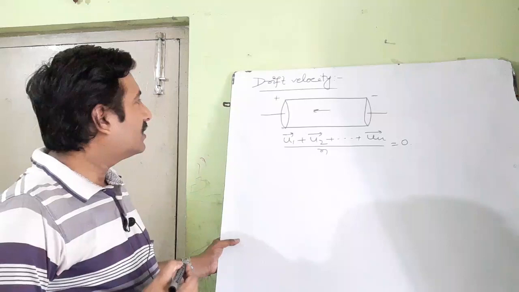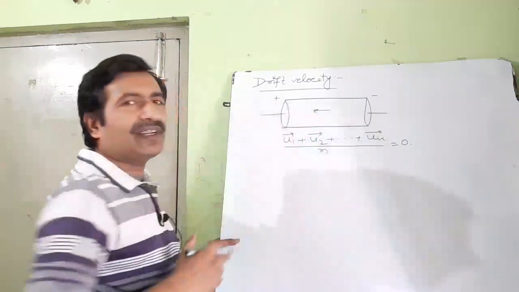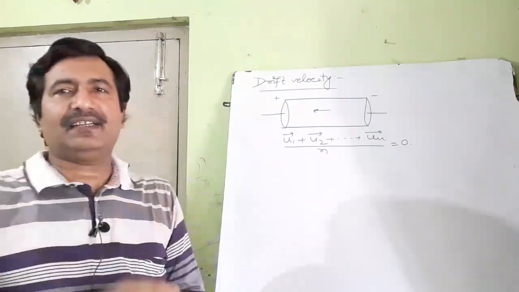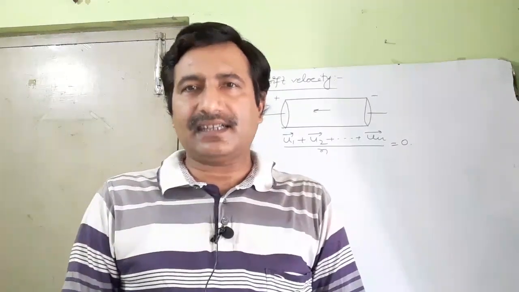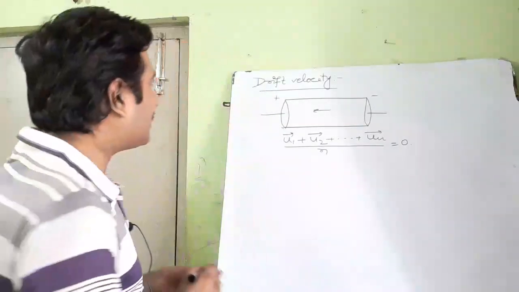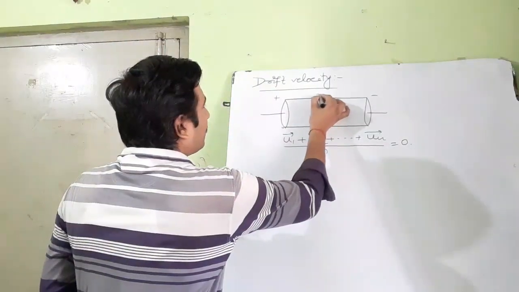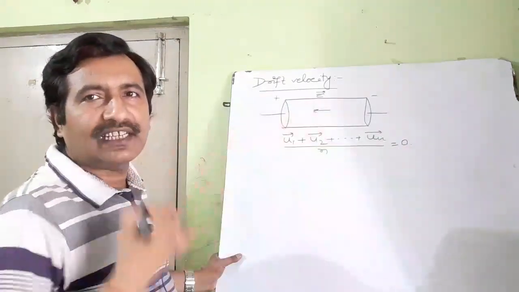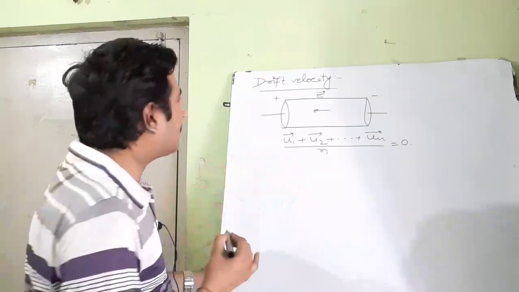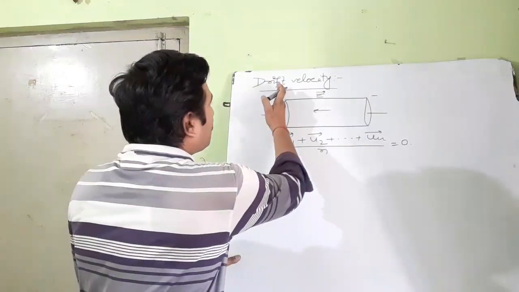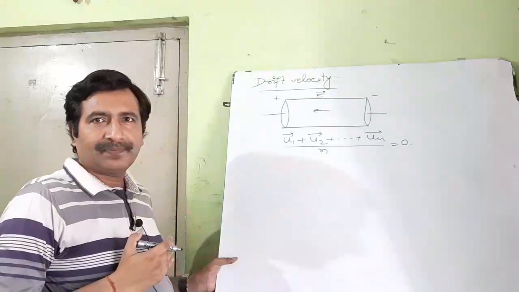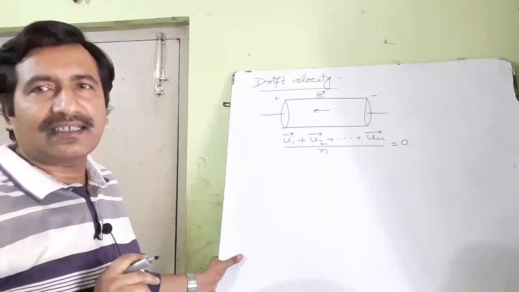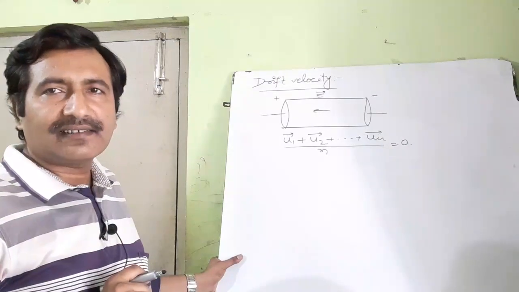Now whenever we apply a potential difference across the conductor, an electric field is set up inside the conductor. Suppose that electric field is E. You know the direction of the electric field is from the positive to the negative end, and electrons are negatively charged particles.